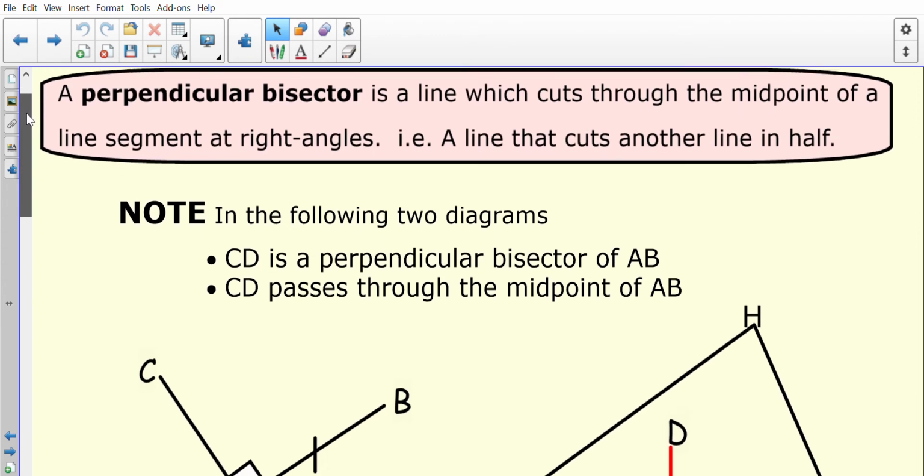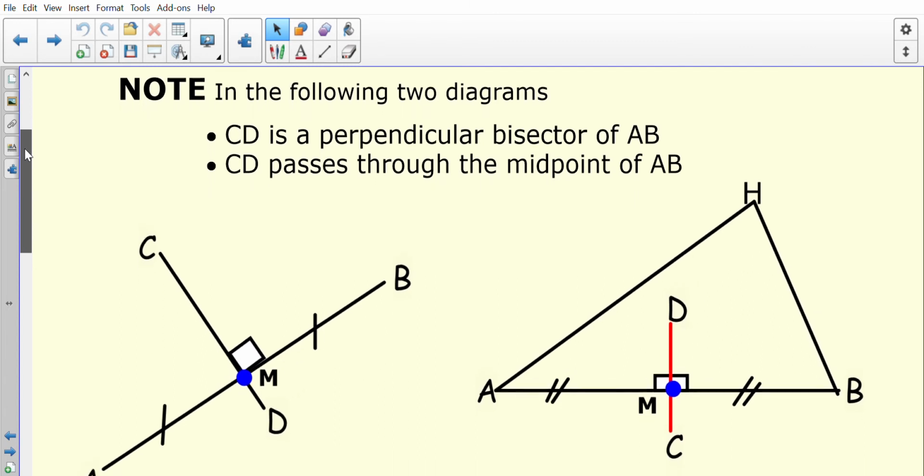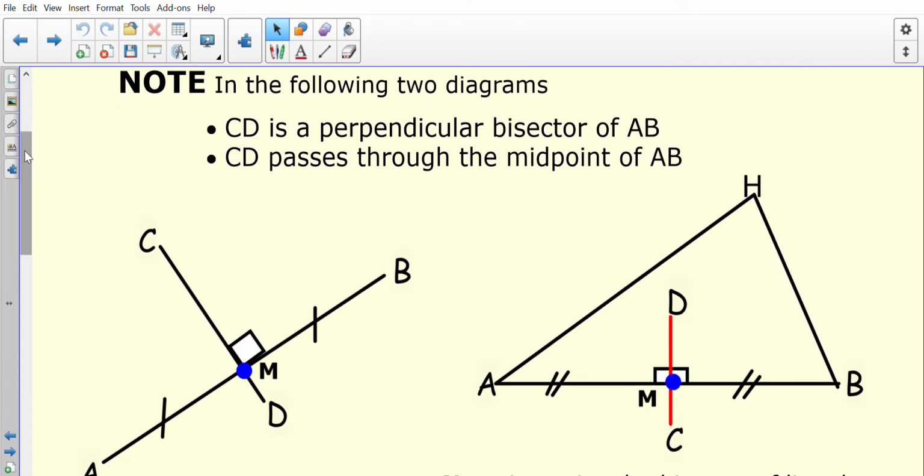Special consideration there, if you look at these two diagrams, now sometimes the question will involve a triangle, quite often it will. However, sometimes it will talk about a perpendicular bisector when it isn't in a triangle or it's some other type of situation. But you'll get used to these types of situations the more you do some practice. So in these diagrams, CD is a perpendicular bisector of AB.